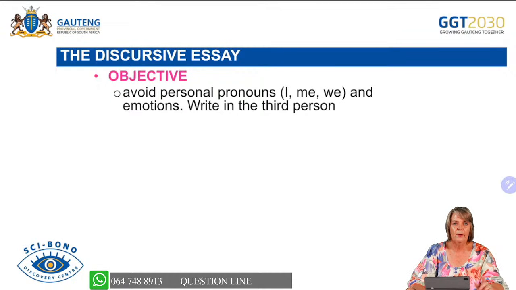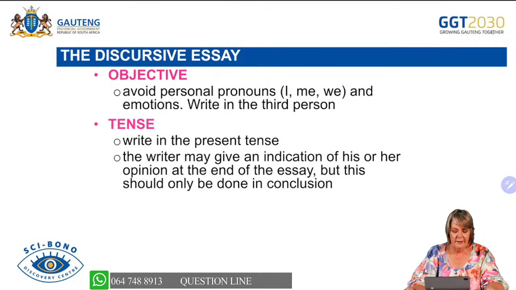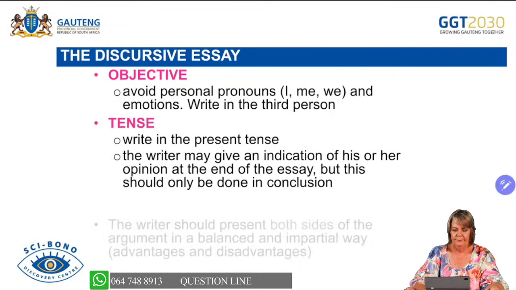You would write in the third person, he, she. The tense would be the present tense. The writer may give an indication of his or her opinion at the end of the essay, but this should only be done in the conclusion. So you may add your opinion, but the bigger bulk of your essay should be factual.